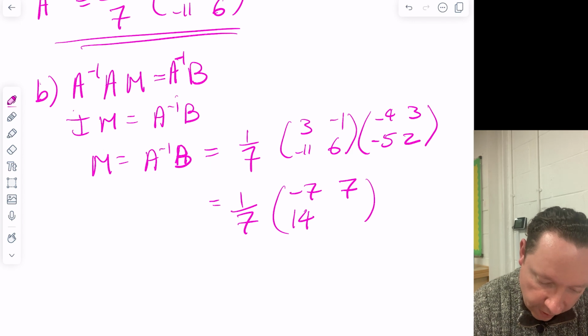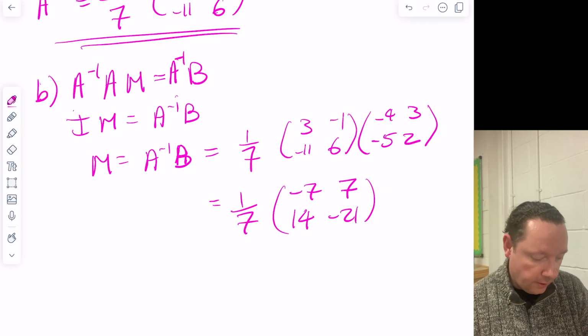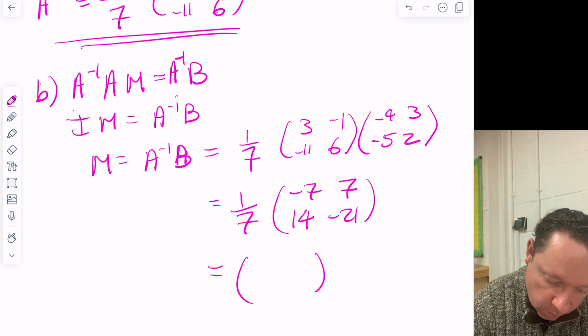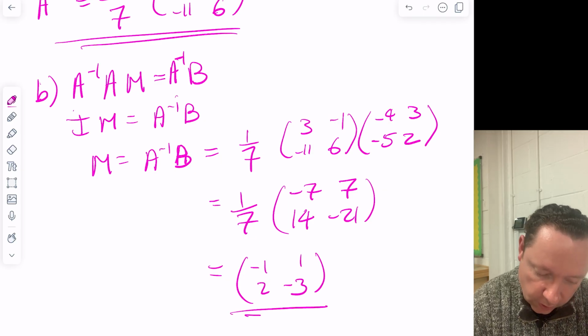And then minus 33 plus 12 is minus 21. So we get minus 7, 7, 14, minus 21. So then we just divide by 7 to get minus 1, 1, 2, minus 3, and we're done there.